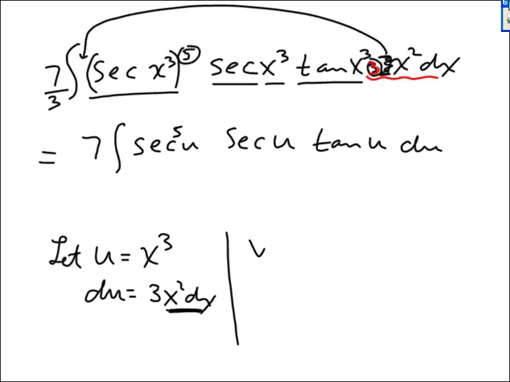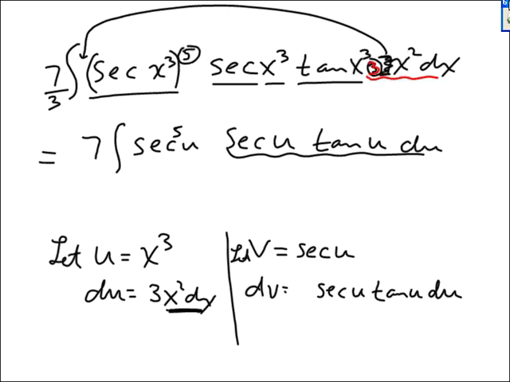If I let v equal secant of u, then dv, the derivative of secant of any angle, is secant of that angle times the tangent of the angle times du. This here is my dv.